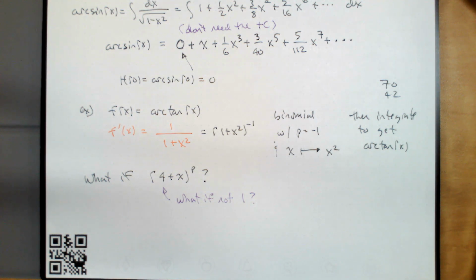That was our basic binomial series with a 1 plus x. What if we have a binomial and the constant is not 1? We know what to do if the variable part is not just plus x. When it was minus x squared, I just acted as if it was plus x and then traded my x for a minus x squared. So that part we can solve. But what if the constant term is not 1?